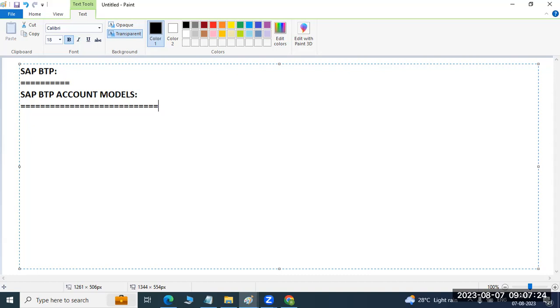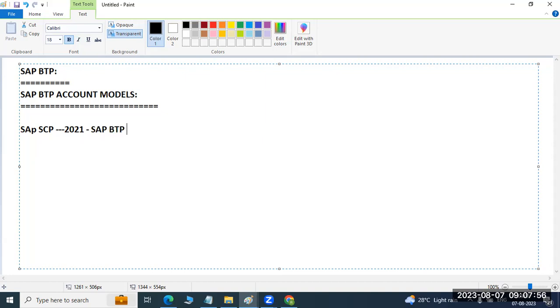I think everybody knows what is meant by BTP. Previously it was known as SAP SCP, SAP Cloud Platform. Then in 2021, if I give some overview on the BTP side, they rebranded their product and renamed it as SAP BTP, with the SAP BTP Cockpit.